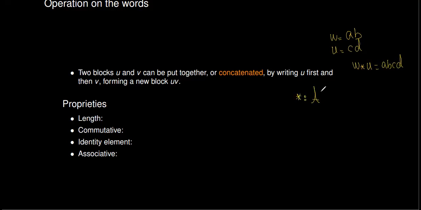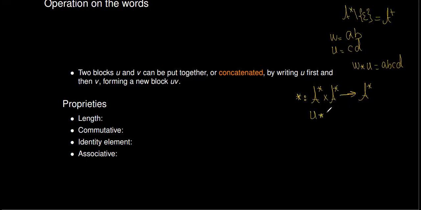This notation means all of the finite words over this alphabet, times these, to again these. And this notation means all of the finite words without the empty word.